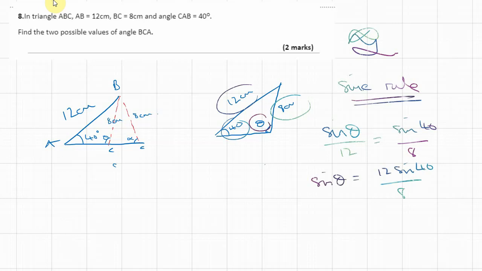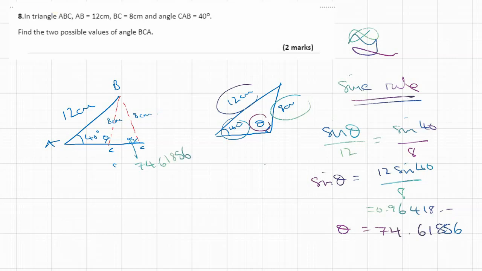So 12 sine 40 over 8 equals 0.96418, etc. And then if we do the inverse of that, so inverse sine of the answer, that's going to be 74.61856, etc. Obviously we can tell my diagram is not right. That would actually be this angle. That would actually be that angle there. We can just tell by it looking acute.